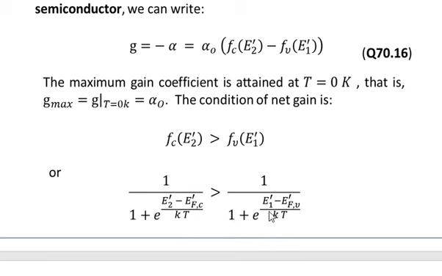So 1 plus infinity in the denominator is infinity. So we have 1 over infinity, which is equal to 0. So the level E1 prime, lying above the Fermi level in the valence band, is an empty level, whereas the E2 prime level, lying below the quasi-Fermi level in the conduction band, is completely filled.